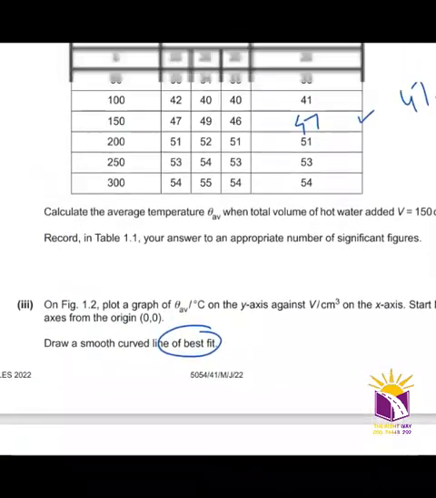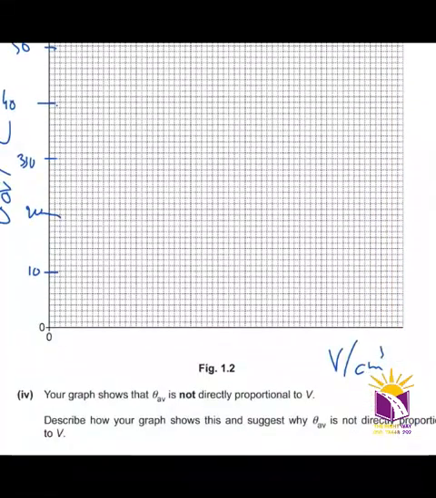And for the volume, we have values between 0 to 300. So it will be divided as 50, 100, 150, 200, and 1, 2, 3, 4, 5, 250, 1, 2, 3, 4, 5, 6, 7, 8, 9, 10, and 300.